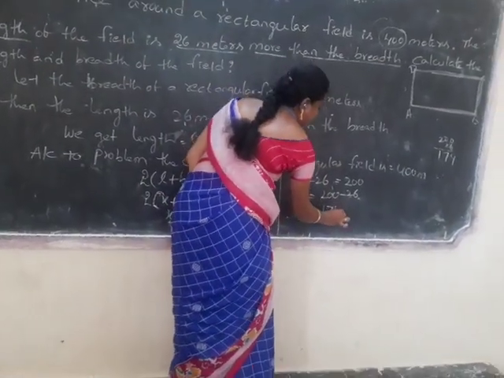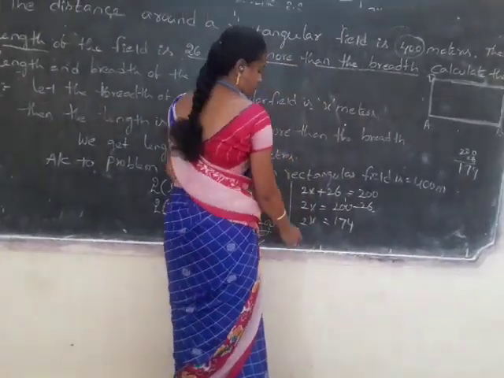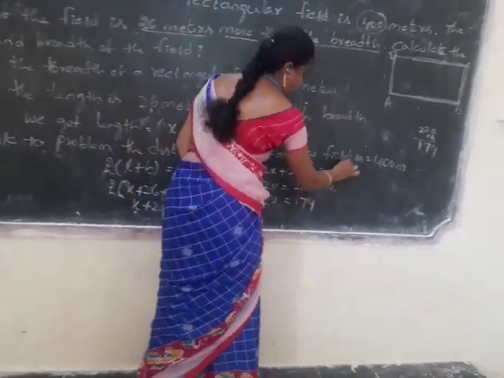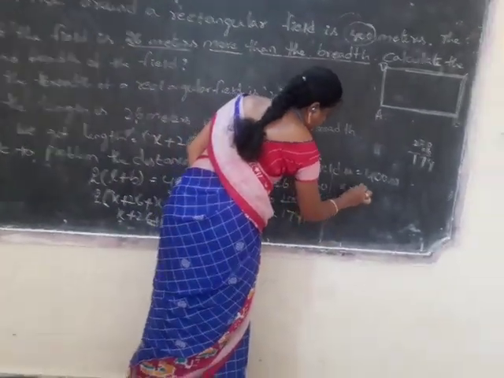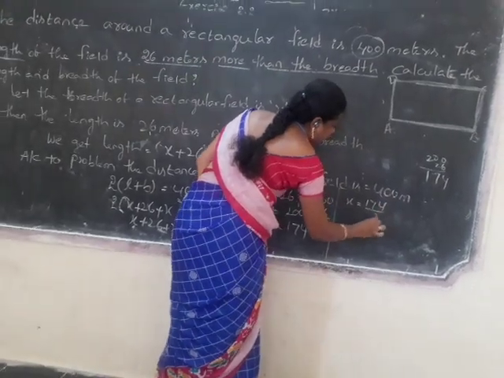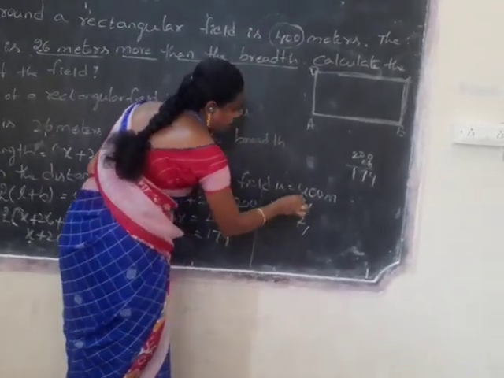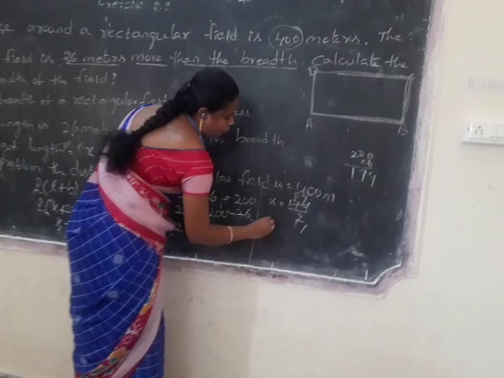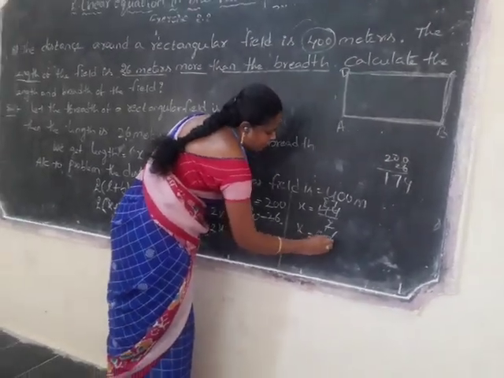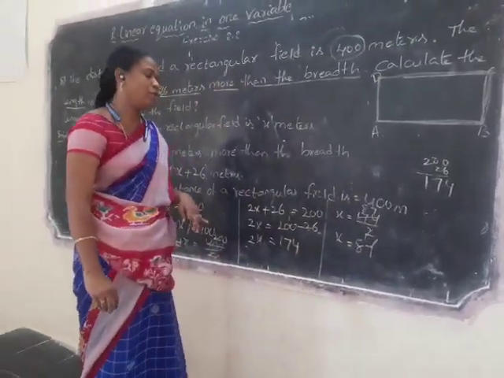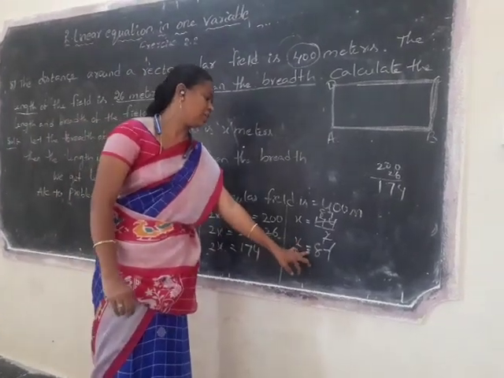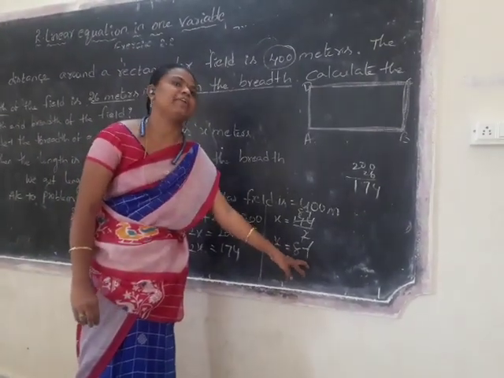Okay, students, 174. Here the multiplication of 2 we transpose to division. 2 eights are 16, 2 sevens are 14, x equals 87. Okay, students, the x value is 87.